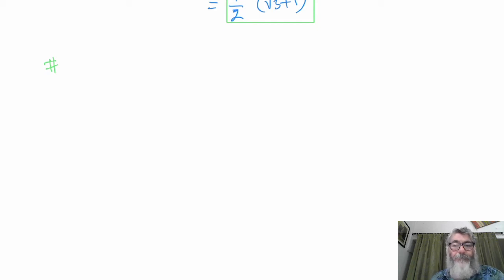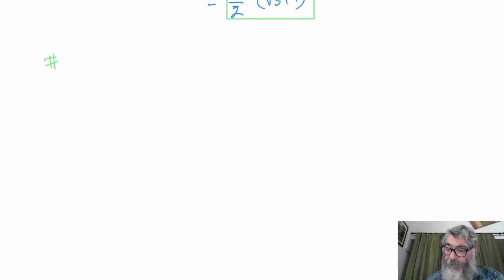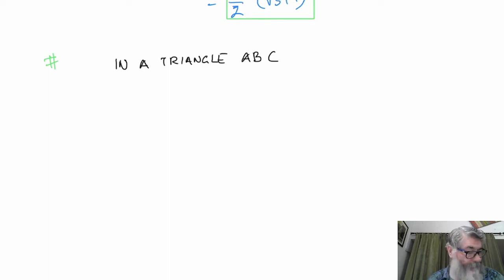Hello once again. Let's get into the process of doing some more questions on property of triangles. The next question says: in a triangle ABC, angle C is 60 degrees, angle A is 75 degrees.